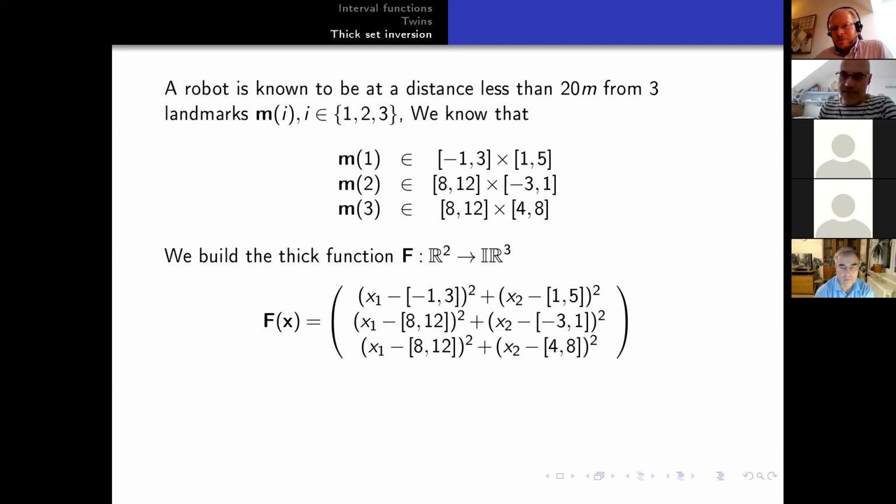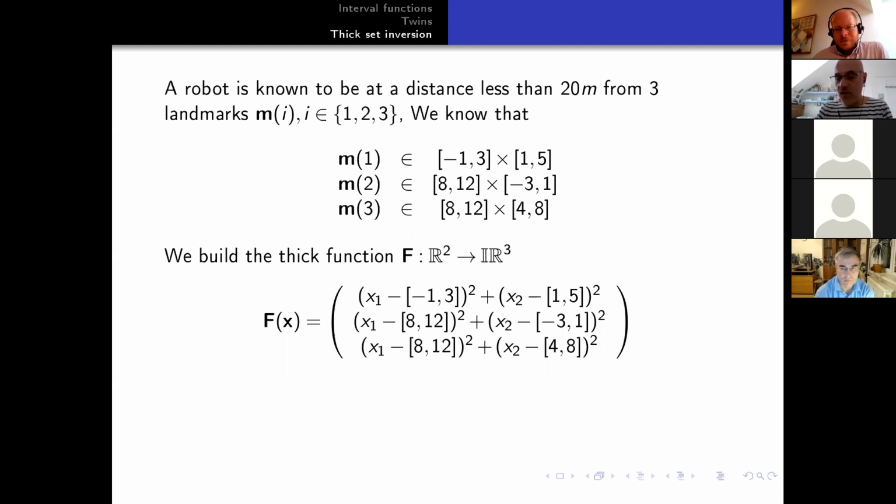If you do this, you will obtain, using this method, two sets. One corresponds to the set of parameters consistent with your interval data for all possible models. And another set, which is larger, is the set of all parameters consistent with your data bars for at least one model. So you will solve a thick set inversion problem.